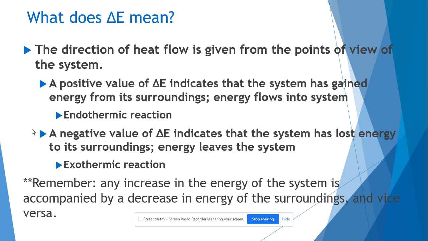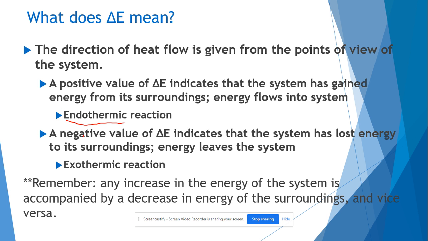With that being said, this tells us the direction of heat flow. And when we describe the direction, this is always given in terms of how we view the system. So if we have a positive delta E, that means the system has gained energy, or in other words, energy flows into the system. We classify these as endothermic reactions. Endo means entering or into the system.